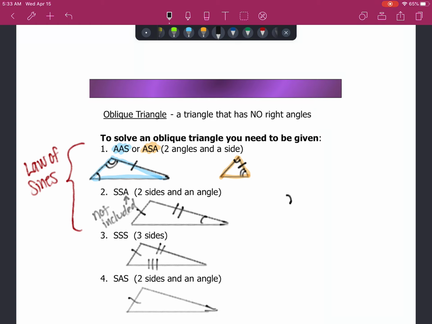Two sides and the angle between would be side, angle, side, and we could solve for that triangle using law of cosines, and we're going to learn law of cosines in another lesson, so we'll learn that elsewhere.